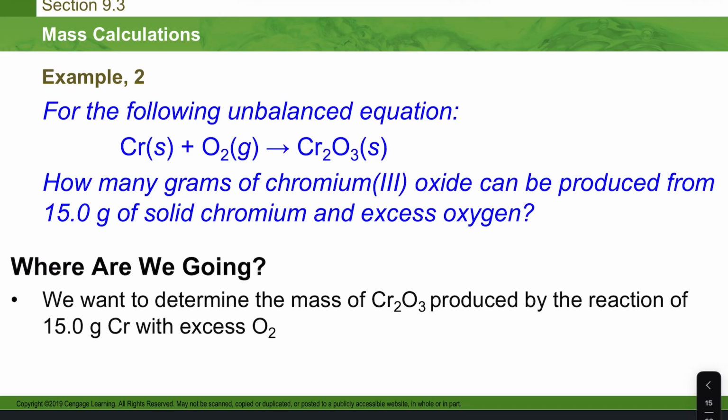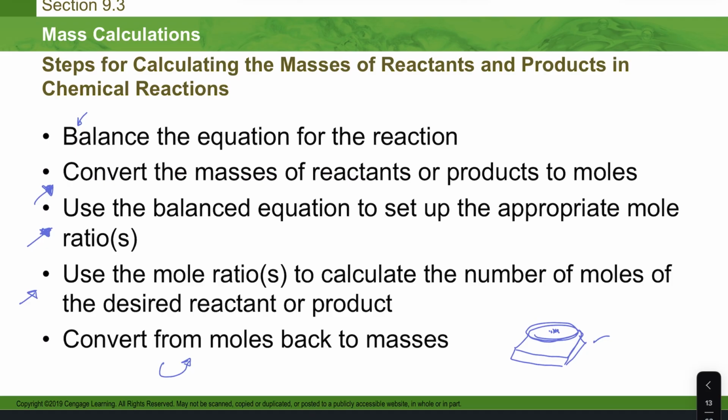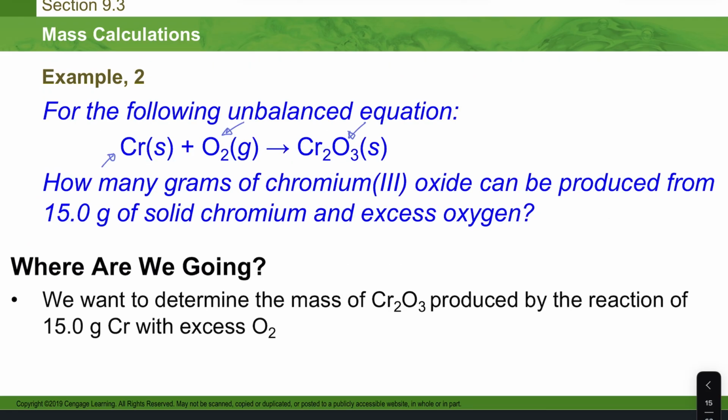So, for example, let's take the oxidation of chromium. So chromium is treated with oxygen to make Cr2O3. Now, think back to what the first step is. The first step is going to be to balance the equation.